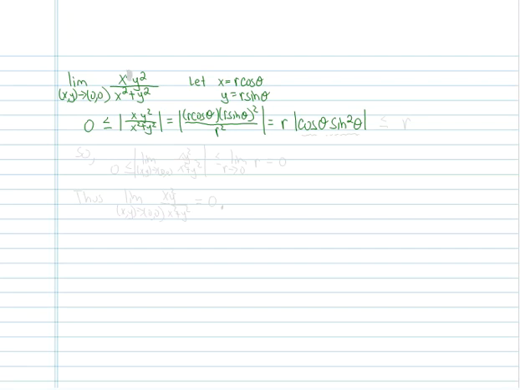Now, if we naturally start thinking about this, any values for cosine theta are going to be outputs. In other words, they're going to be ratios, which means that this portion here will be a fraction that's less than 1. Think about sine squared too. If sine is a trigonometric ratio between negative 1 and 1, then naturally when we square it, it's going to be an even smaller fraction.